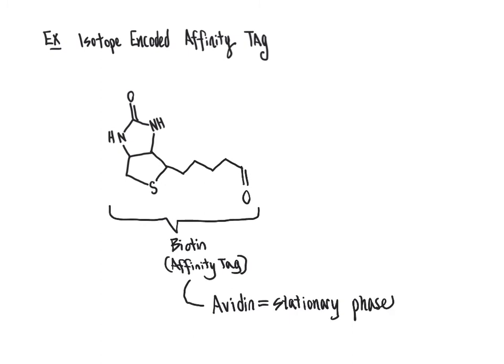So once we have this biotin covalently linked to our protein or peptide, the protein or peptide will very strongly interact with the avidin that is packing the chromatography column and remain adsorbed to the column as the non-labeled peptides, non-labeled proteins, and other biomolecules come right off.